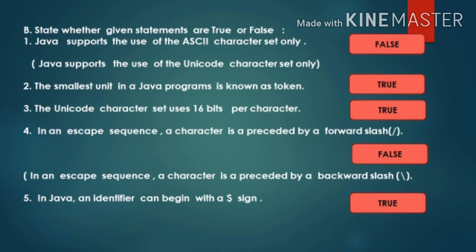The statement is true. Question number 4. In an escape sequence, a character is preceded by a forward slash. The statement is false. The correct statement is in an escape sequence, a character is preceded by a backward slash.